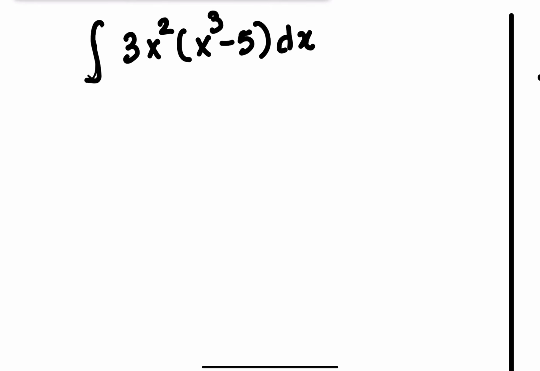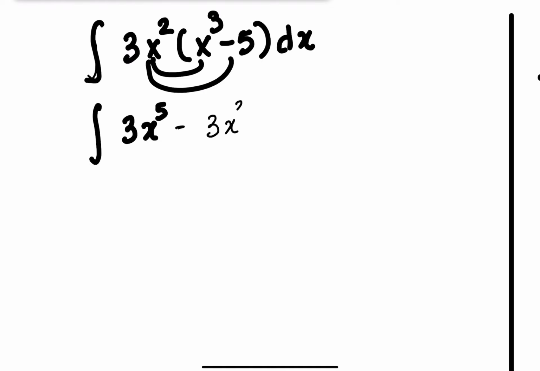What is that? Simply multiply. So this is the integral of 3 times x squared times x cubed, which is 3x^5, minus 3x squared times 5, dx.